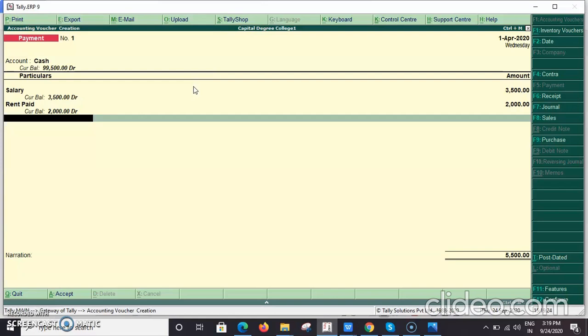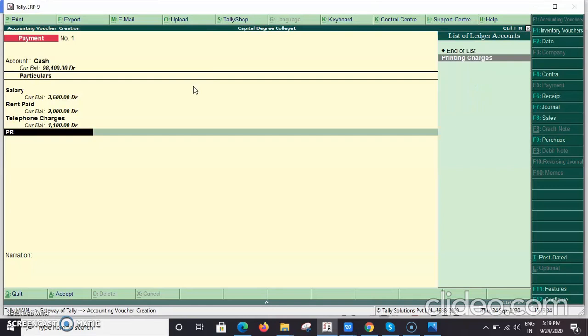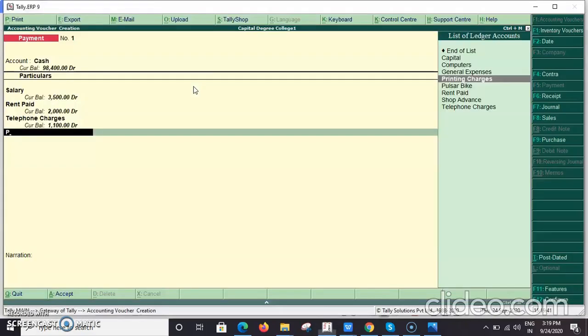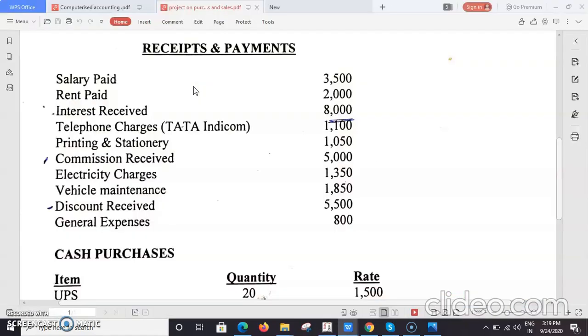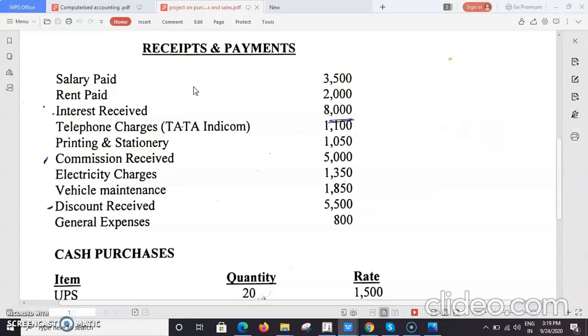Telephone charges, 1,100. Printing and stationery, printing charges, 1050.